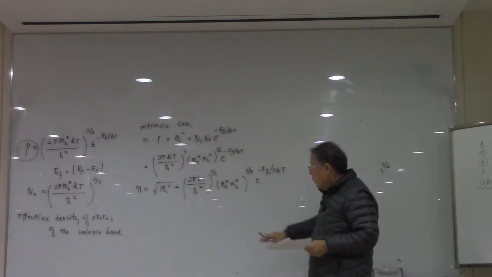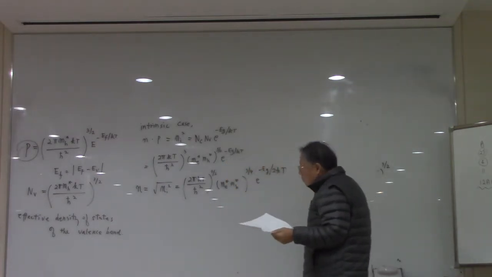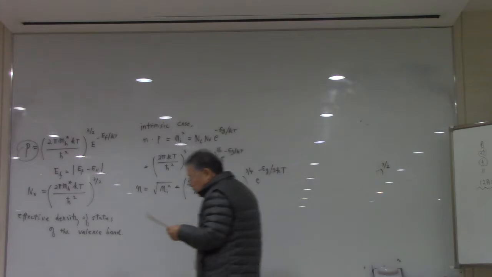Okay? So this is the number of electrons, and the number of holes should be the same in the intrinsic case.